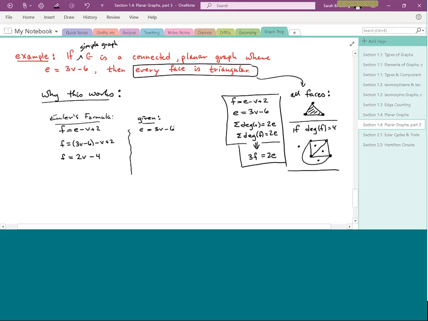I'm going to double the number of edges, and I'm kind of going where you think I'm going. So if we double the number of edges, we're just going to double the info on the other side too, and I totally should have done it in one step. There was no need to do that. Oh well. So this tells us that we actually have 6 times the number of vertices minus 12, and this is really the thing that we actually needed. I'm going to go ahead and factor a 3 out of this.